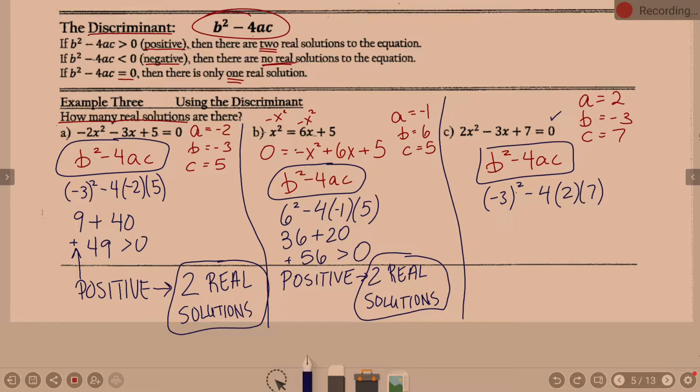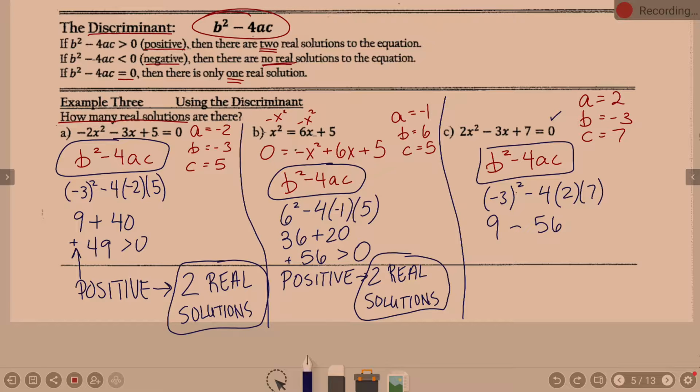What is negative 3 squared? 9, positive 9. Don't let your calculator mislead you and say negative 9. Some of you will do that. 4 times 2 is 8, times 7 is 56. There was just the minus in the middle. So 9 minus 56 is negative 47.